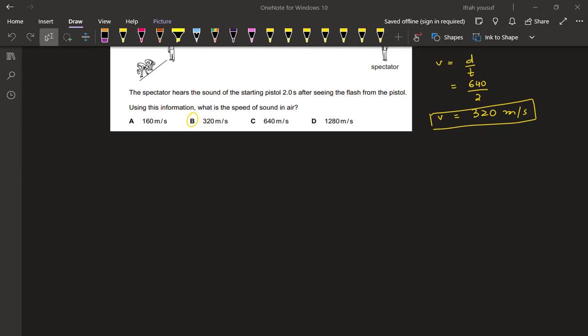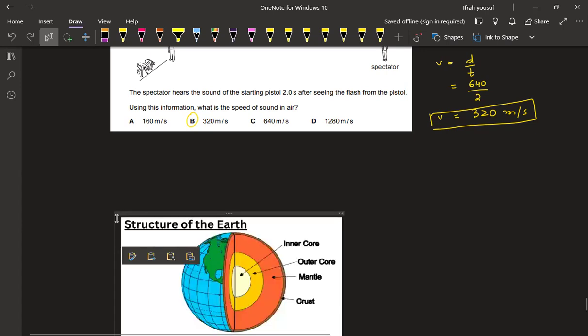Okay. So let me share one picture. Okay. The structure of Earth. This is our today's topic.